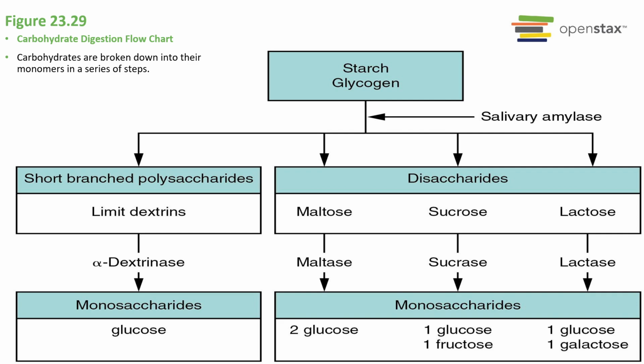Now on to the breakdown of carbohydrates. Notably, your polysaccharides are hydrolyzed by amylases. This begins in the mouth with the release of saliva, but can also occur with the release of pancreatic juices into the small intestine.